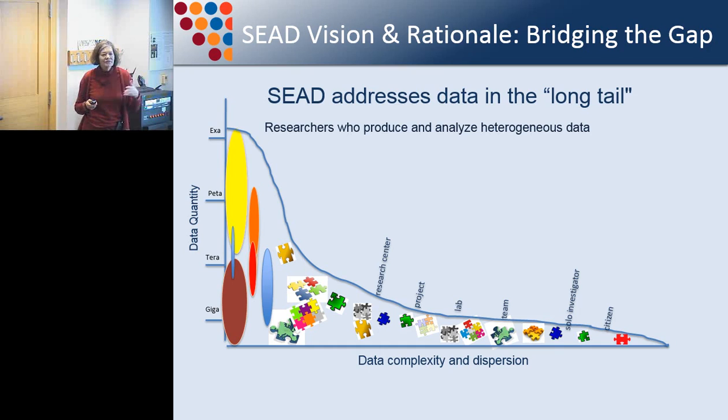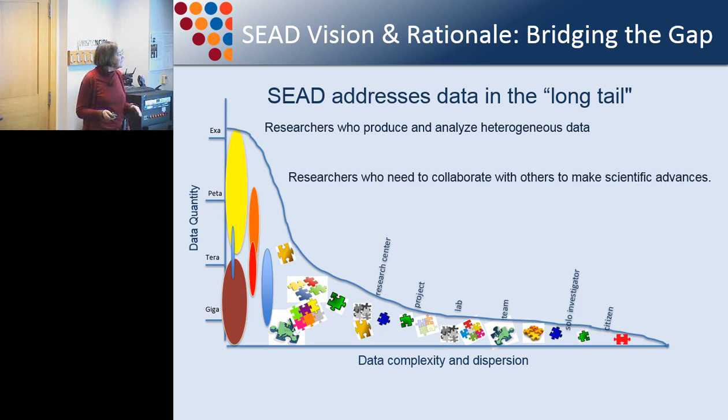There are lots of different data types that, when combined, are much more valuable than they are standing alone. And so we have provided some tools that we think make it easier to do that.